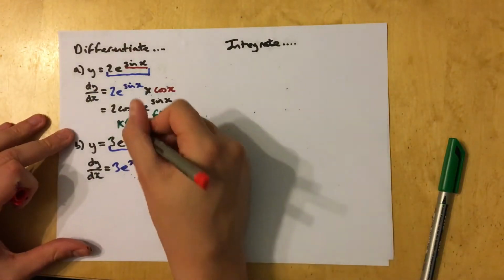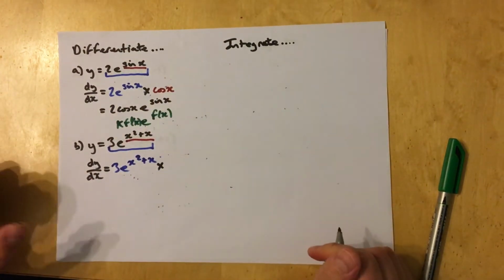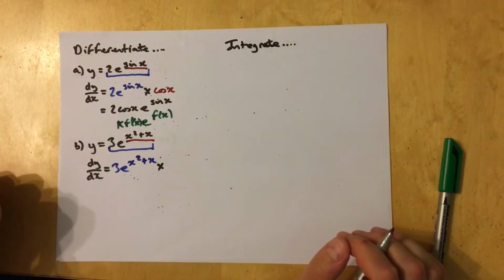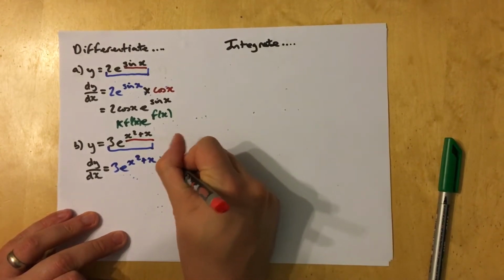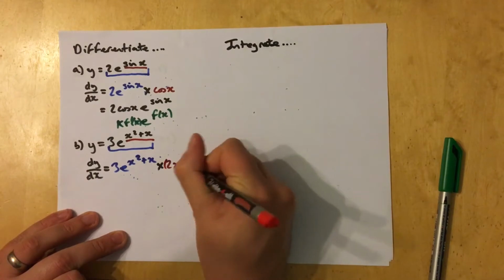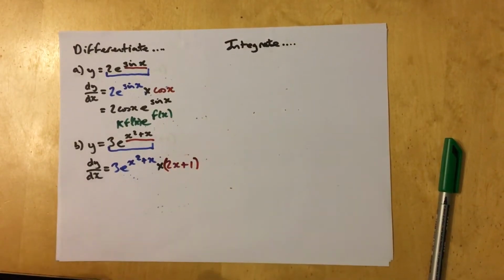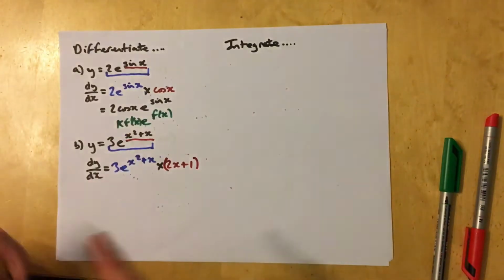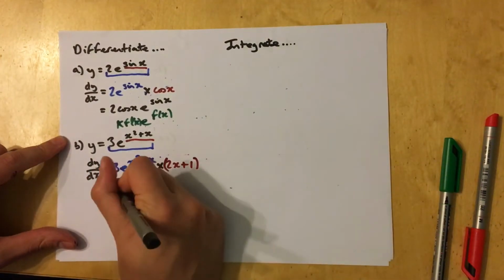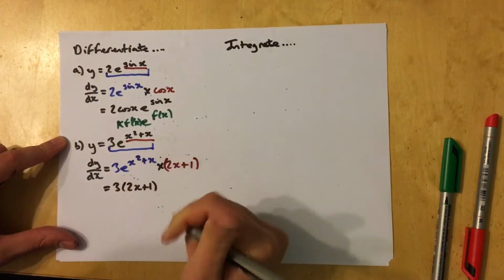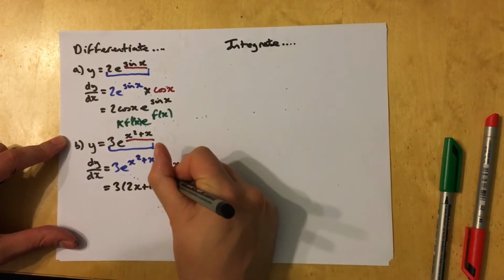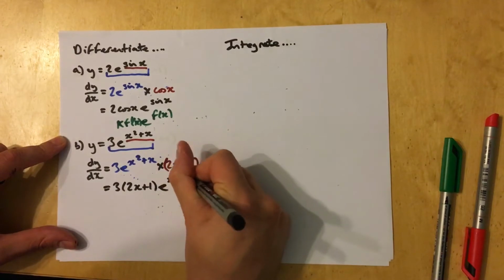Now my inner function is x squared plus x, so when we differentiate that, we're going to get 2x plus 1. Okay, so again, tidy up time. We're going to have 3 lots of 2x plus 1, e to the power of x squared plus x.